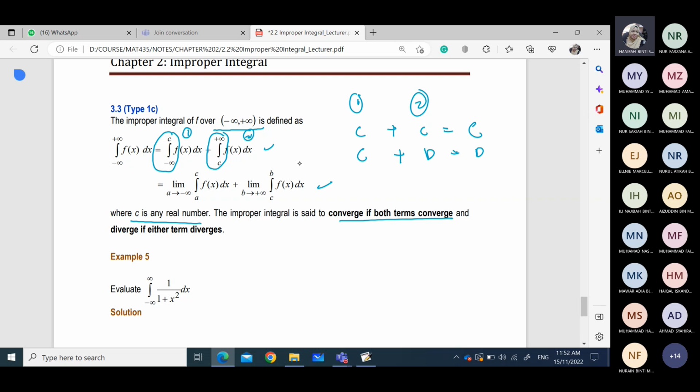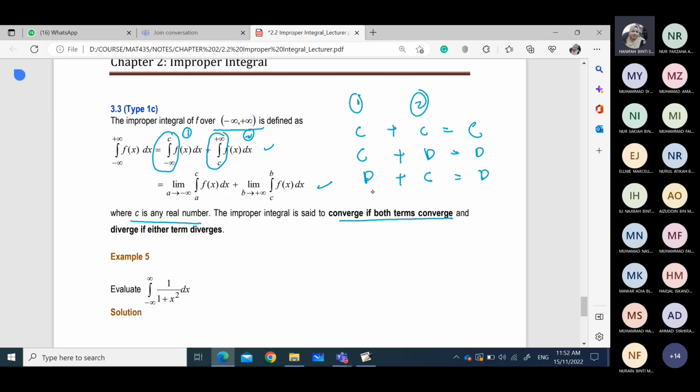Let's say the first term, which is the lower limit negative infinity, diverges, and the second term, which is the upper limit involving positive infinity, converges, then the whole improper integral will diverge.